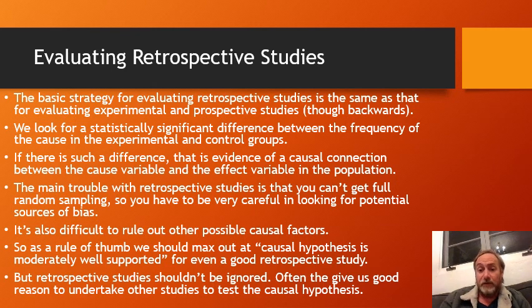One great thing is that they're relatively easy to conduct compared to some of these other studies. And if you get some moderate support from one of these studies, that's a good reason to investigate further, and hopefully do other types of designs to investigate that causal hypothesis.